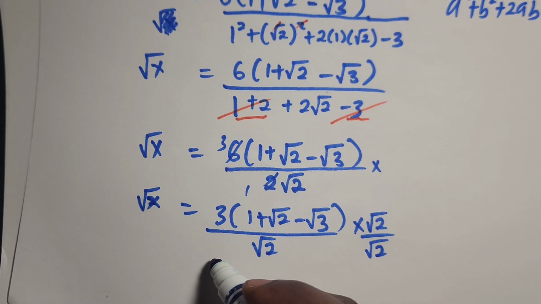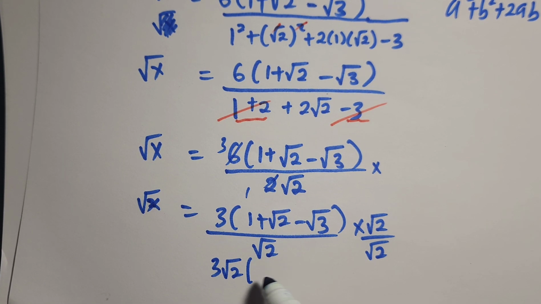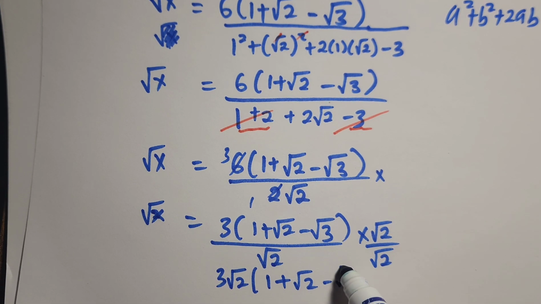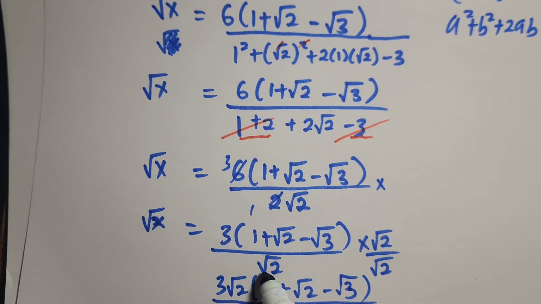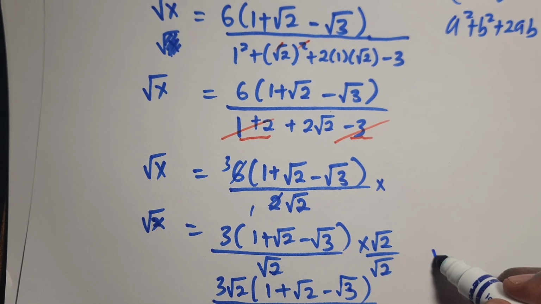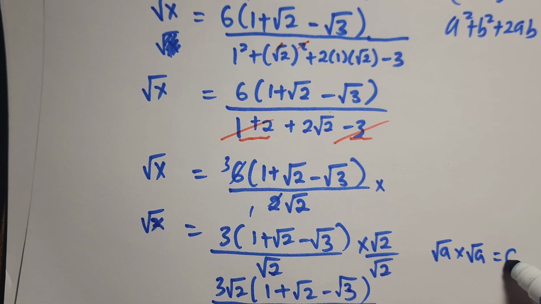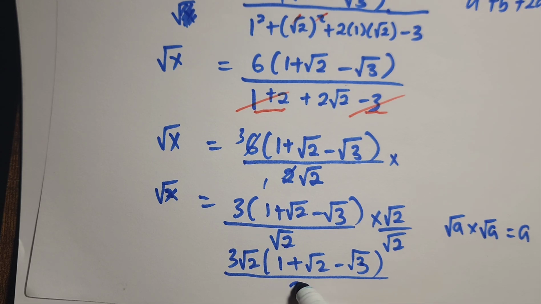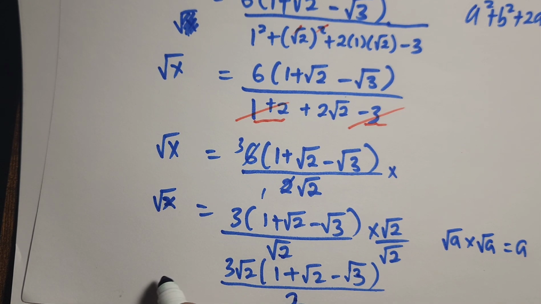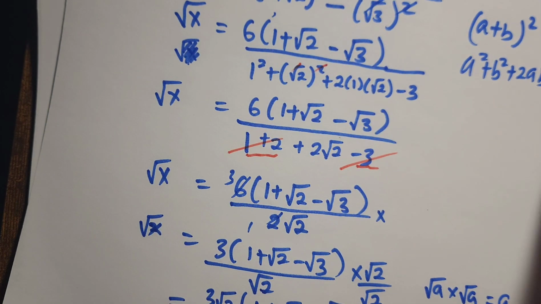So here I'm going to have 3 root 2 in parentheses 1 plus the square root of 2 minus the square root of 3 divided by square root of 2 times square root of 2. Square root of a times the square root of a is going to be a. So here, this is going to be 2. But we can simplify further from here.